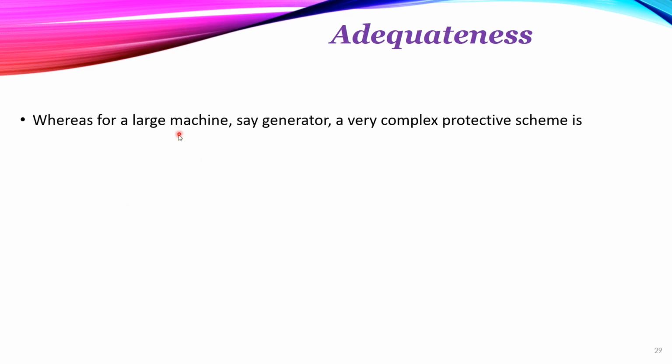Whereas for a large machine, say a generator, a very complex protection system is required. So, protection against insulation failure. Inside the machine itself, the insulation failure can occur due to the presence of overvoltage or heat or thermal overloading.